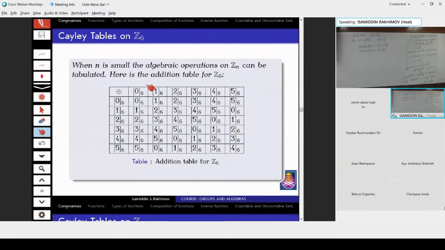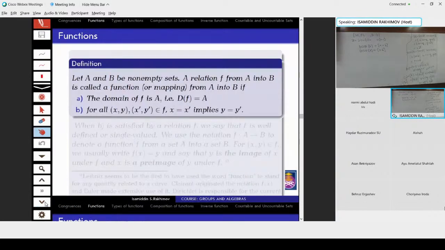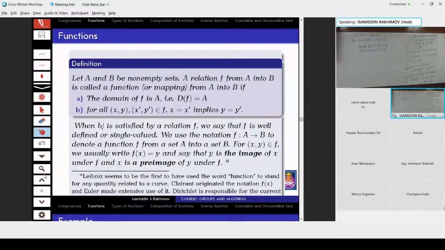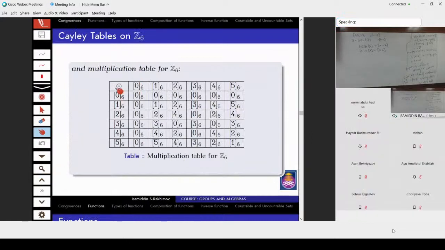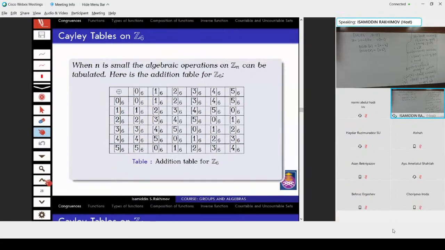This is the multiplication table, and the previous slide is the addition table. N is 6 case. The two tables are given.